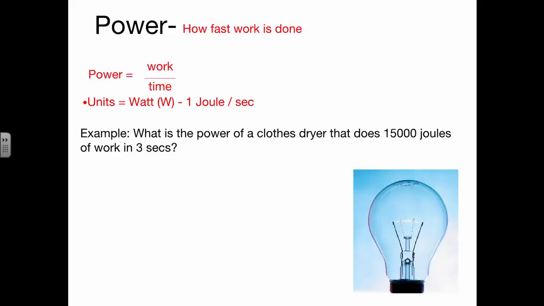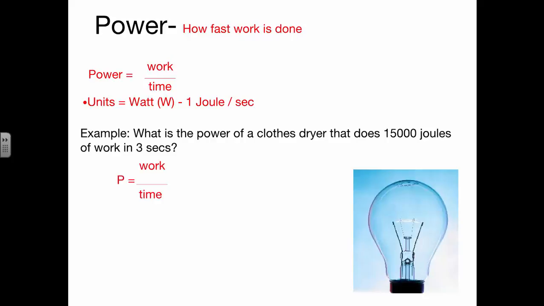For example, if you have a clothes dryer that does 15,000 joules of work in 3 seconds, what is its power? 5,000 joules. Yes, or 5,000 watts.